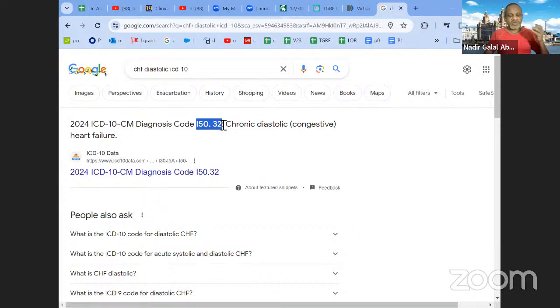They will run a query in their database. They will look at all patients with this code and give me the list. Then in my list of these patients, I can look at their age. I can differentiate between older adults or younger. I can look at their gender, male, female. I can look at other conditions. Let's say we are talking about COVID, if they have COVID in the list or not.